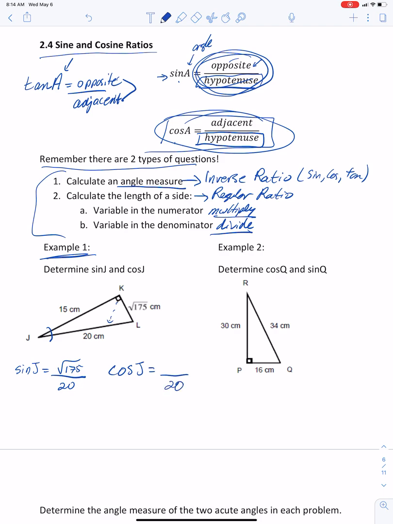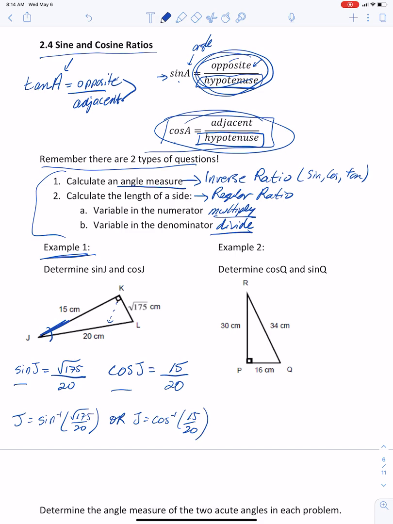So the denominator is the same, but this time the adjacent side to j is 15. And now, whether I do either of these calculations doesn't matter. Whether I do this one or this one, I'll get the same answer for j. So if I wanted to find angle j, I would do the inverse sine of root 175 over 20, or over here, j is the inverse cosine of 15 over 20.